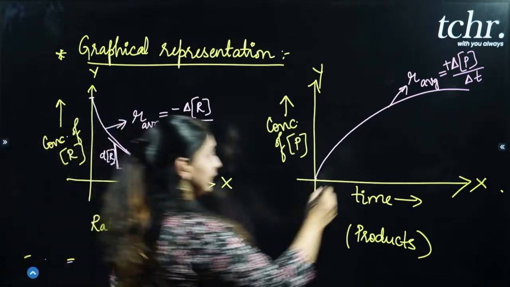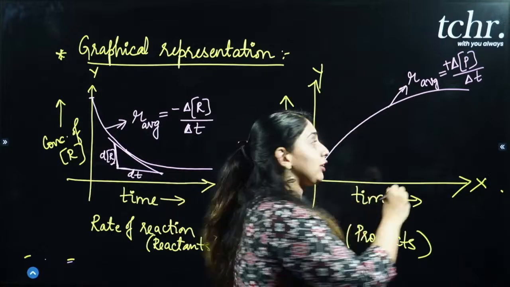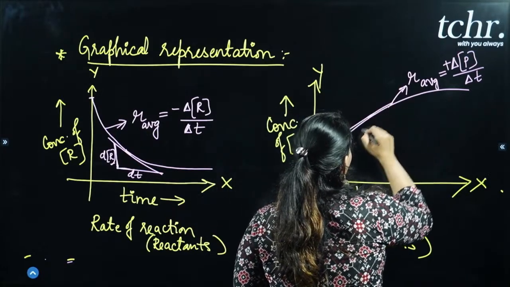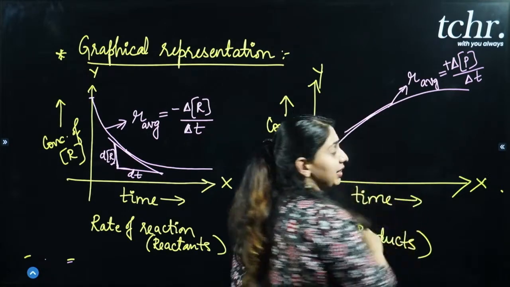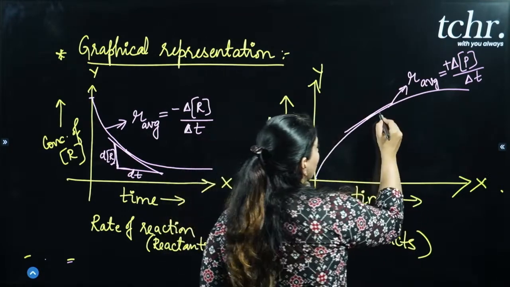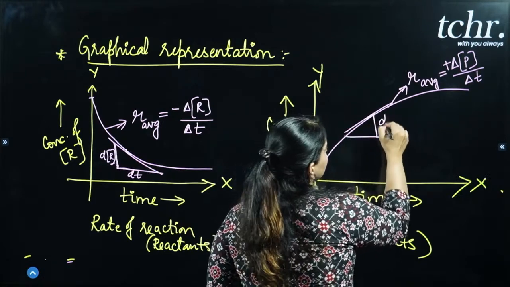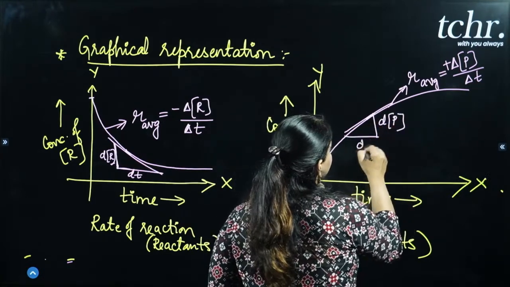In the same way here too, if we draw a tangent and take the slope of this particular curve, this would become dp by dt.